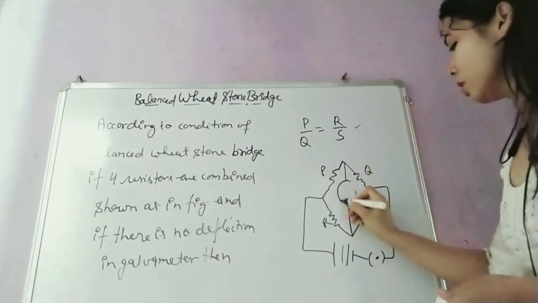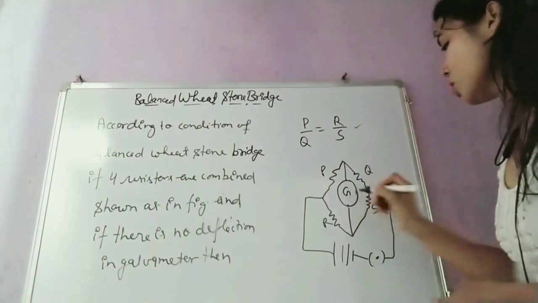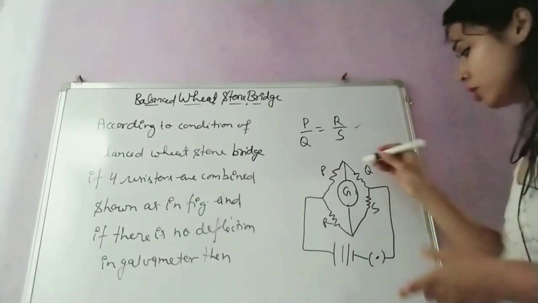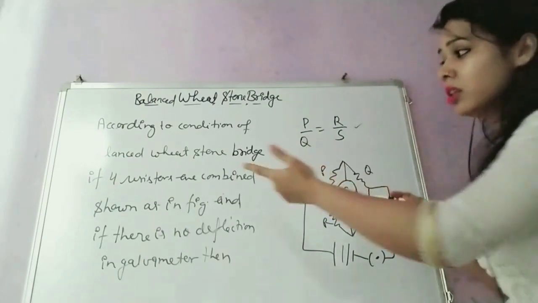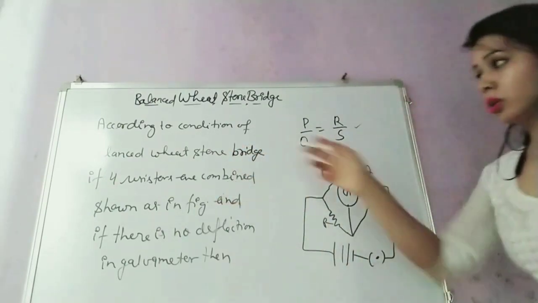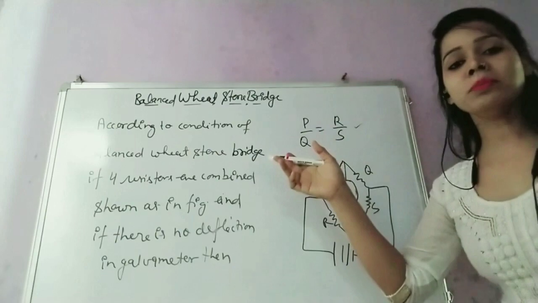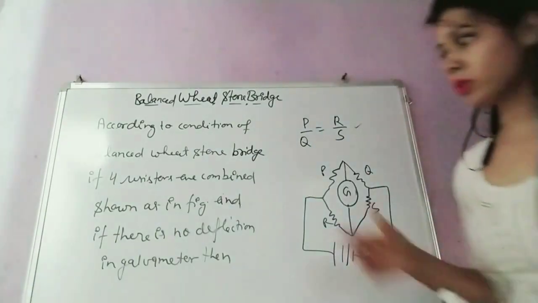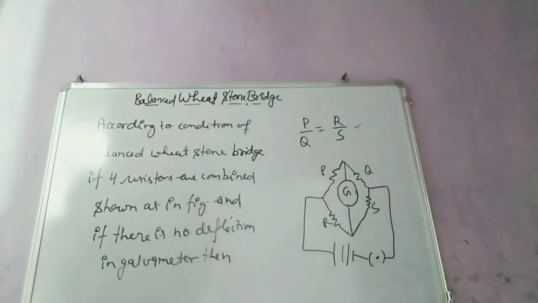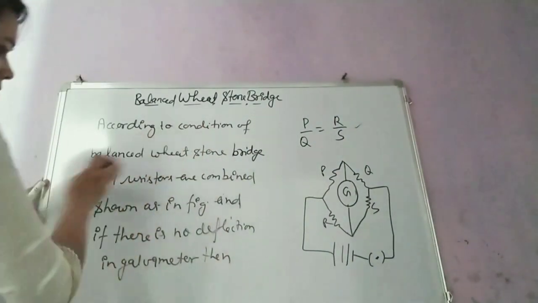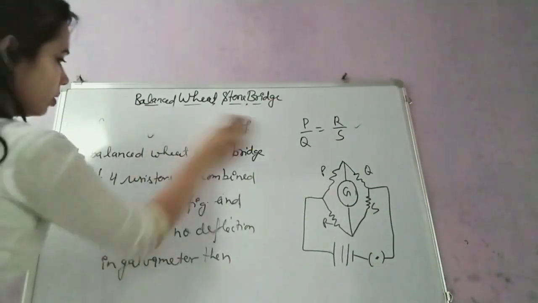But in your book it is mentioned galvanometer, showing that no current is flowing through this, because the galvanometer is not showing any deflection. Not theorem, it's a statement. Now I am going to derive this condition.